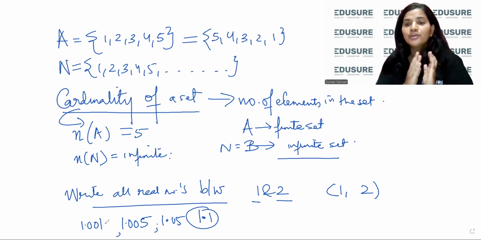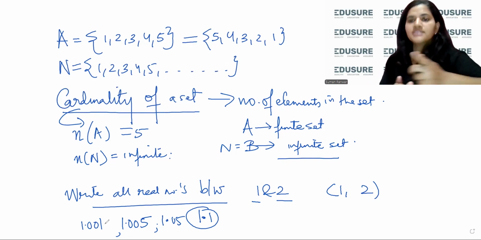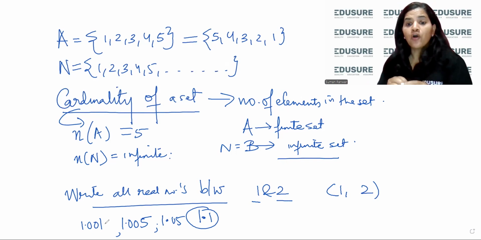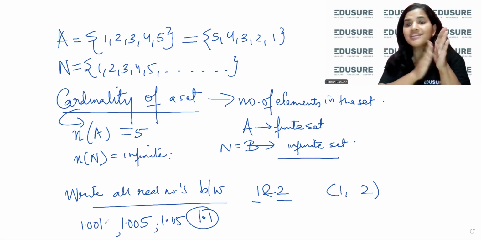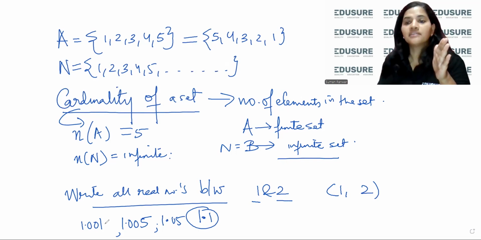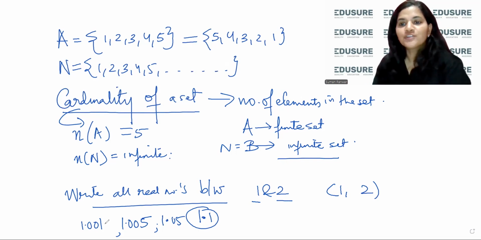So whatever number you choose after 1, somebody else will choose a smaller number than that, because the set of real numbers is continuous. After a real number, there is no gap. You immediately get another real number. And that is why you will never be able to count all real numbers between 1 and 2, though it looks very small.